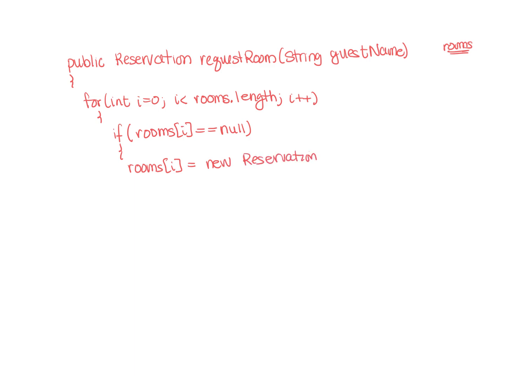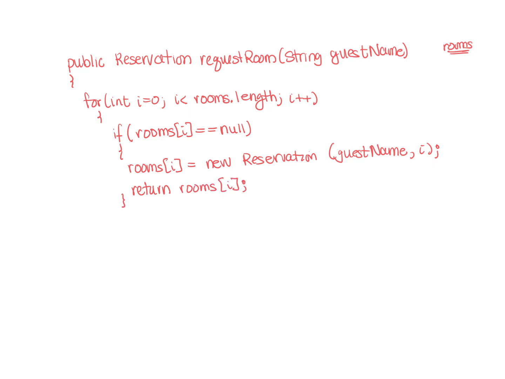And remember, the reservation first took the guest name and then the room number. That's all we need inside there. Now, if we add a room, then we're done. So as soon as we add a room, you're just going to go ahead and return rooms i, so you wouldn't go any further. No need to traverse once you find an empty room.